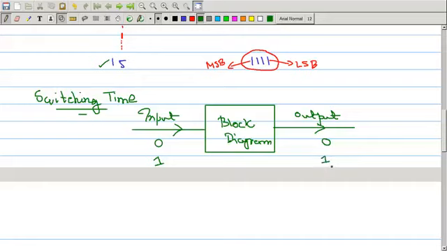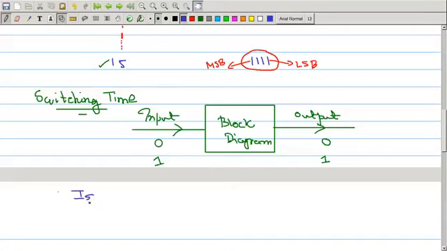Now the question is, does this transition from 0 to 1 occur immediately? Is this transition from the input to output instantaneous? So let me frame the question over here.